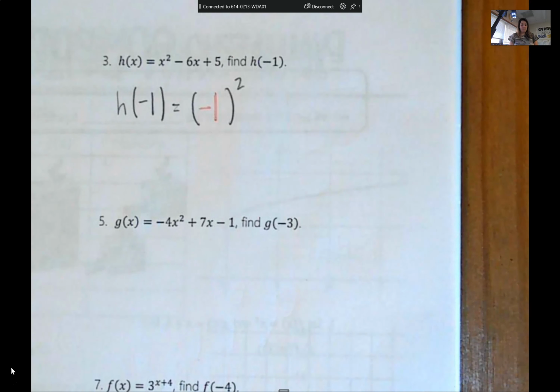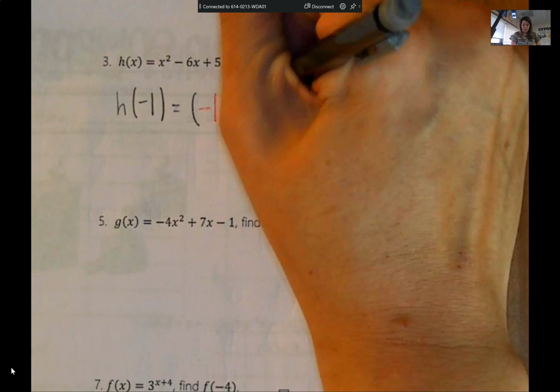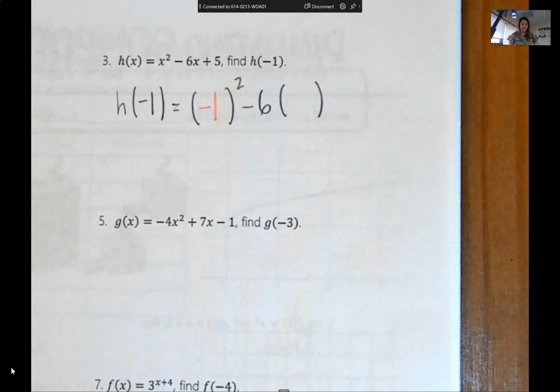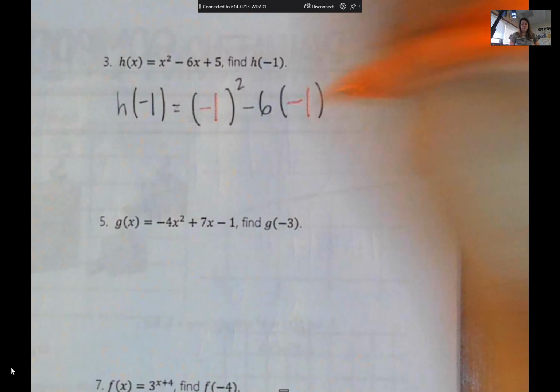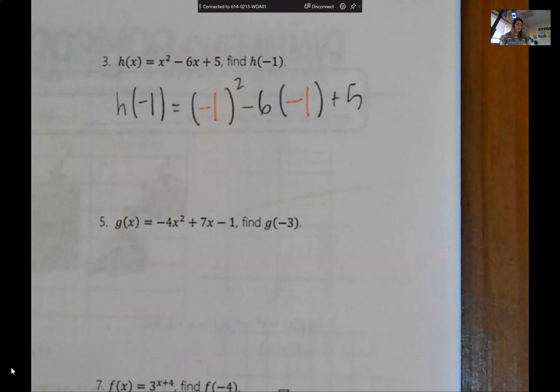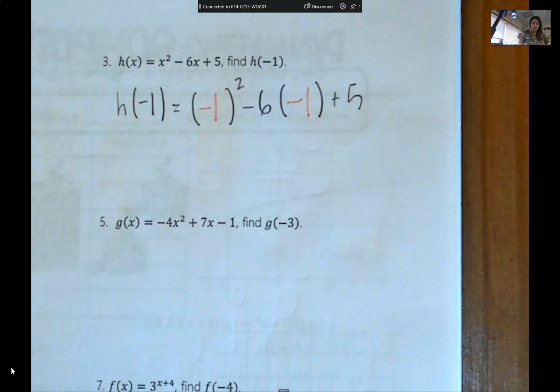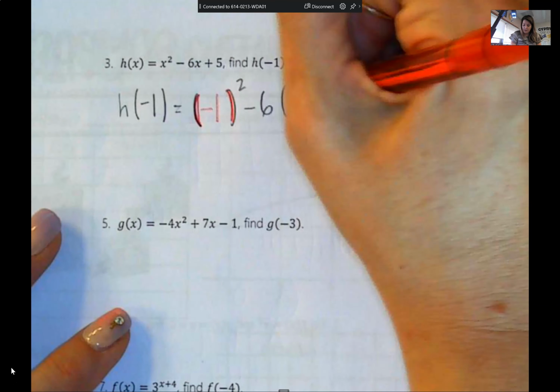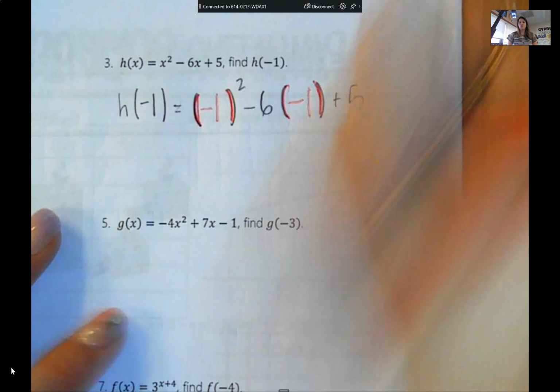Then we have a -6, and we're going to want to use parentheses again and plug the -1 into that. And then lastly, the +5. So on this one, in most cases, it's very helpful if you use parentheses.